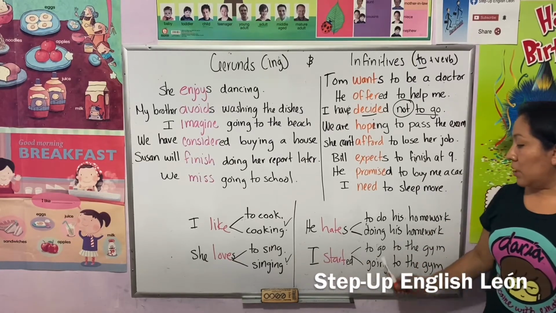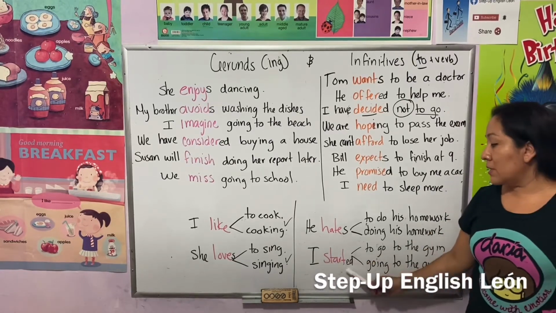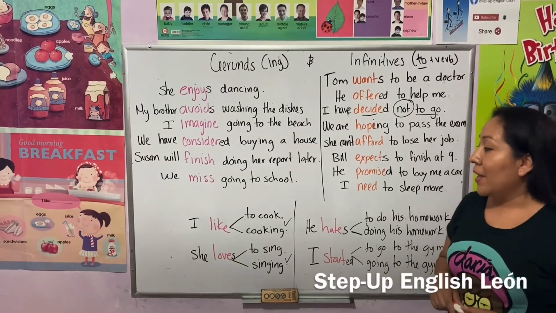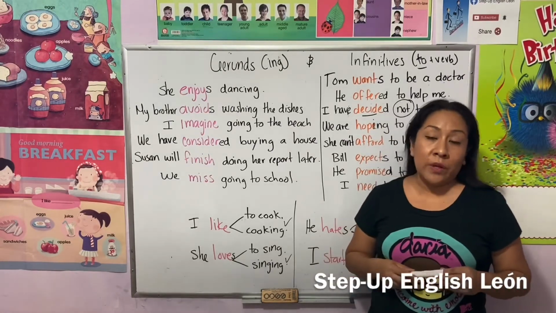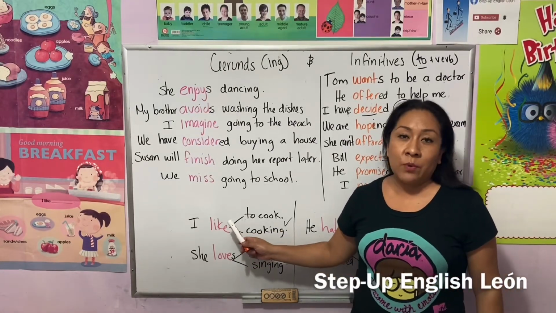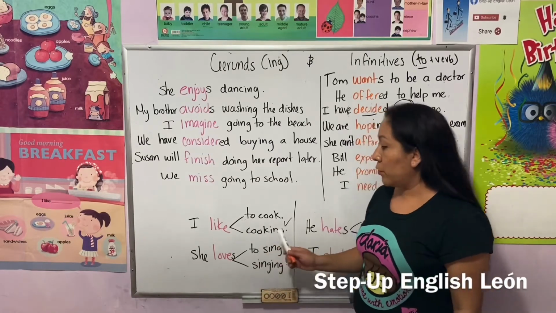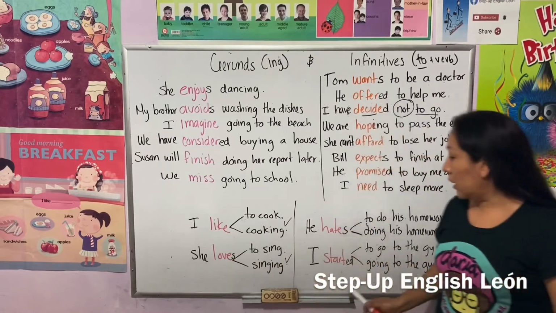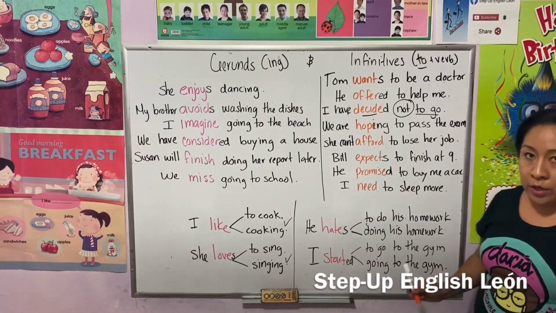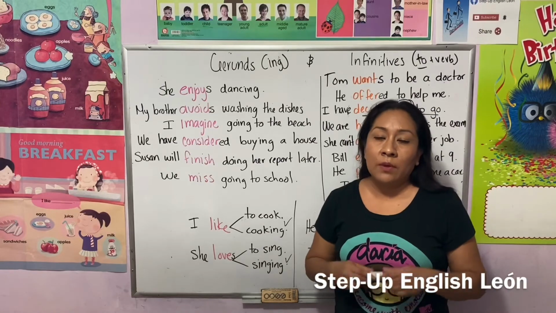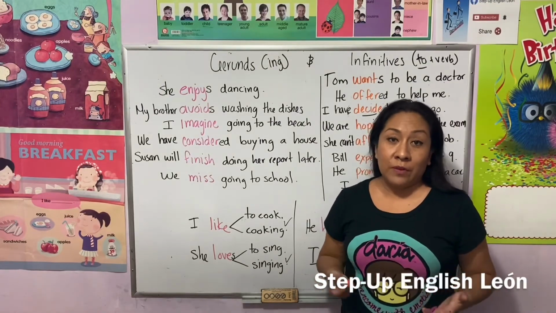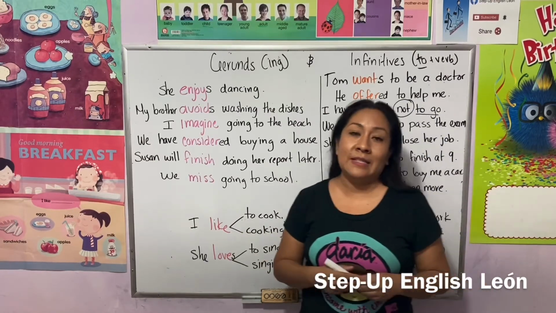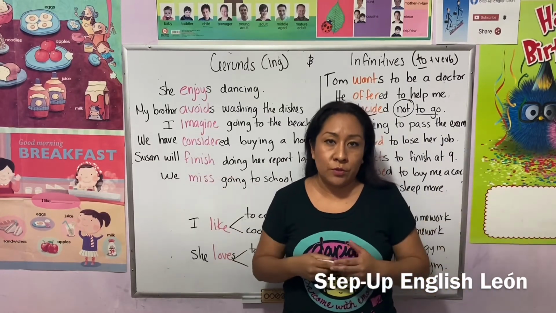"I started to go to the gym" or "I started going to the gym." Personally, when I use verbs that express like or dislike, I always prefer to use the gerund form. I like cooking, she loves singing, he hates doing his homework. But if you use the infinitive form, there's no problem. It's perfectly fine. Okay? So with these verbs, you have no problem in deciding which form to use.